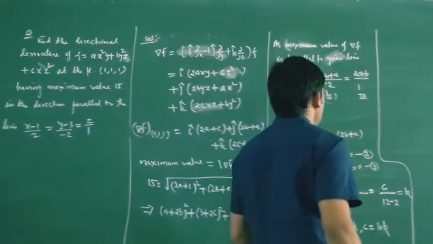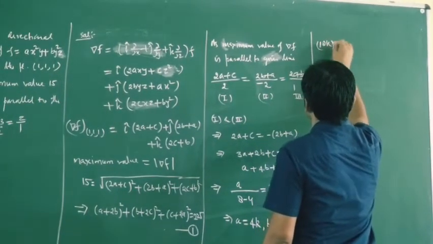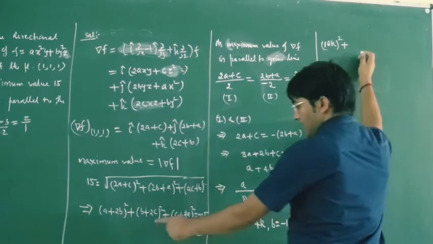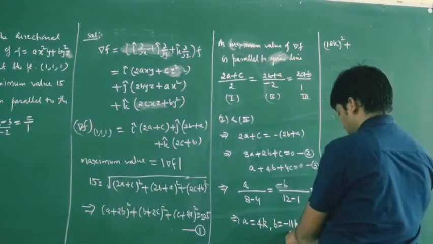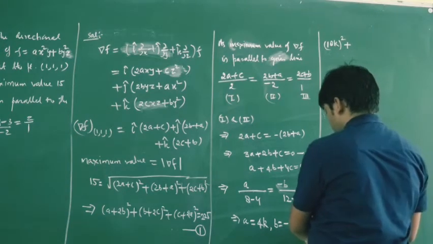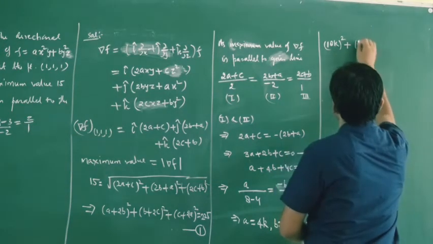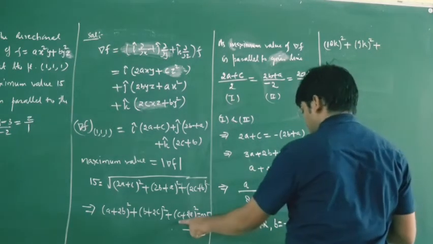So by equation number 1 we have 18k whole square, plus, again this is your b plus 2c. So b is minus 11 and c will be 20. So minus 11 plus 20 will give you 9k. Then we will have c plus 2a.